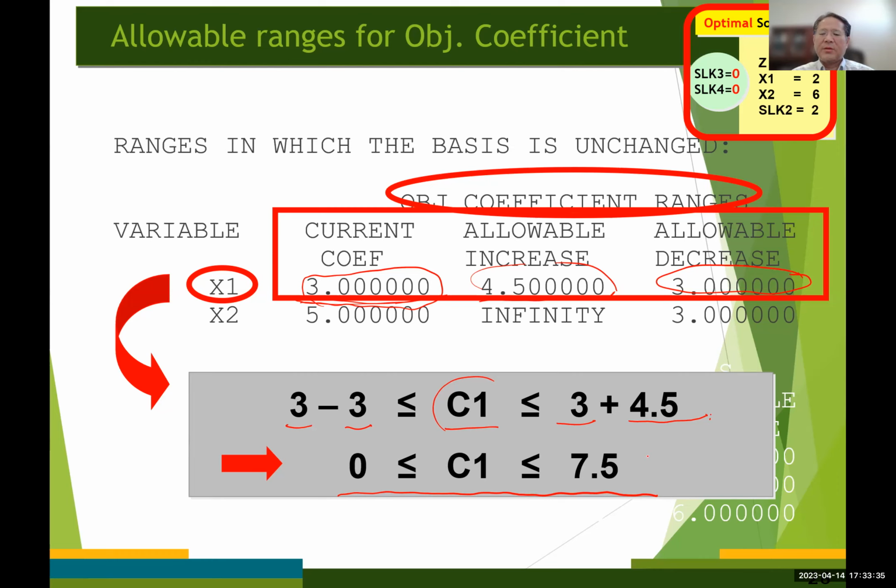Okay. So in other words, within this range, the window glass has to produce 2 doors, 2 glass doors, and 6 windows, right?